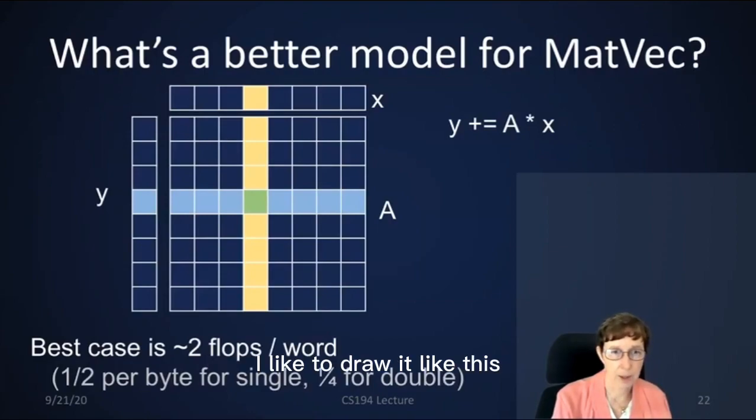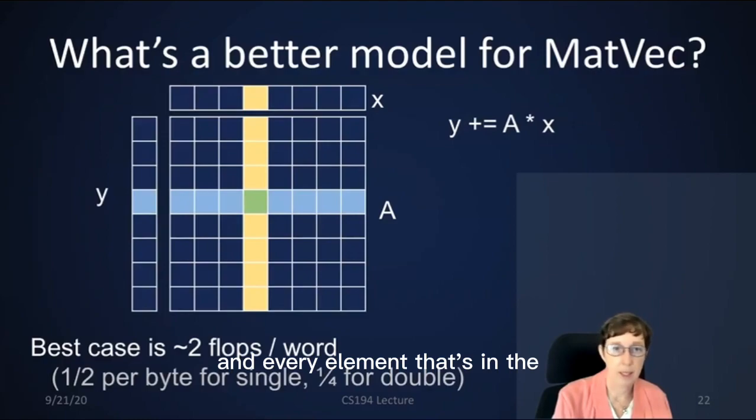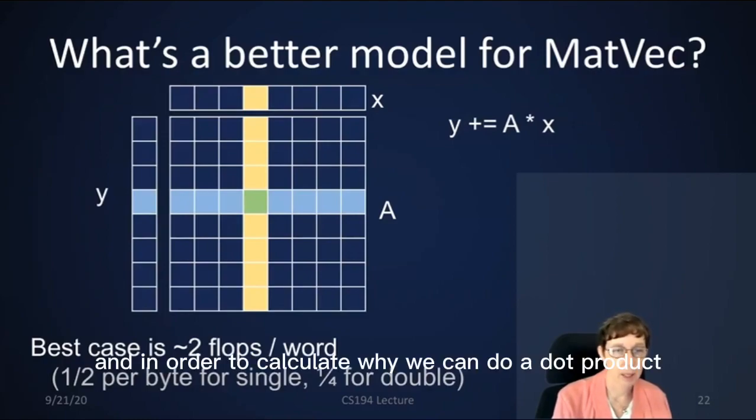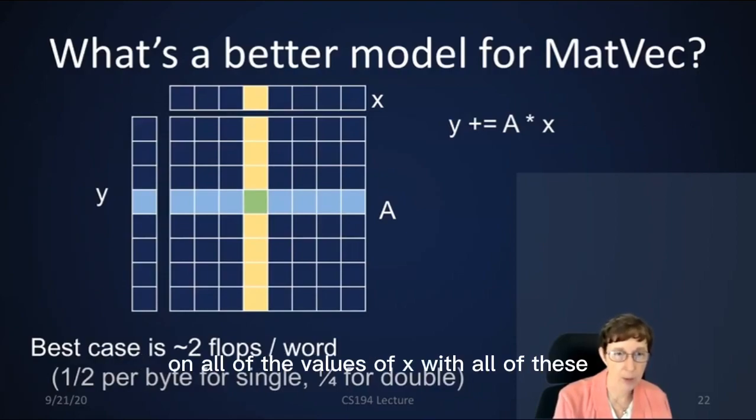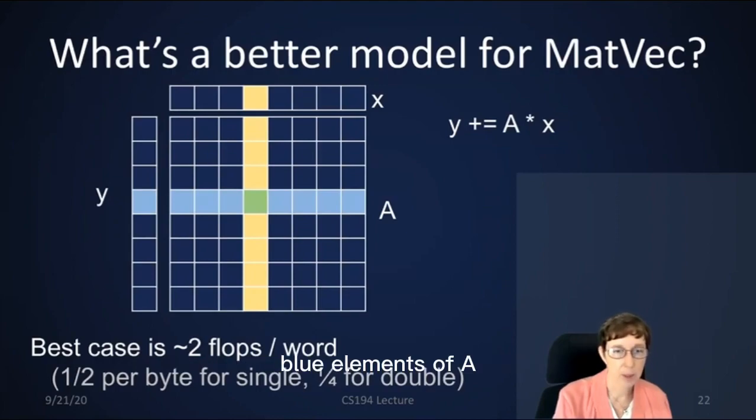I like to draw it like this with the vector that you're multiplying by. So A times X up here and Y over here. And every element that's in the X vector is going to be needed to multiply by everything below it. And in order to calculate Y, we can do a dot product of all of the values of X with all of these blue elements of A to calculate this one value of Y.